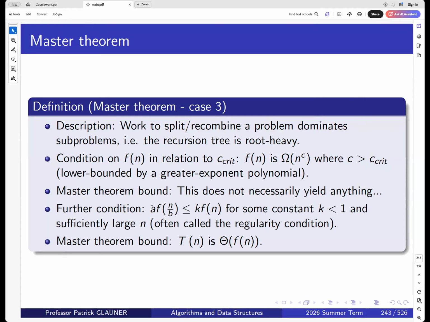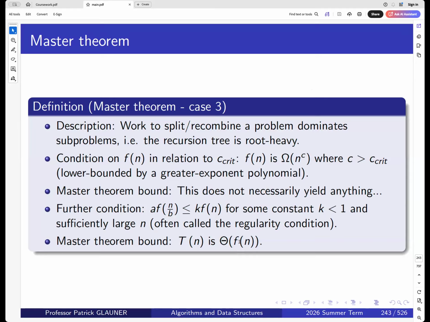And a further condition would be that a times f of n divided by b, so we said a is the factor for the subproblems, b is the relative subproblem size, so that product must be less than or equal to k times f of n for some constant k that is less than 1 and for some sufficiently large n. And if we can find such a k, then T of n is simply theta of f of n.